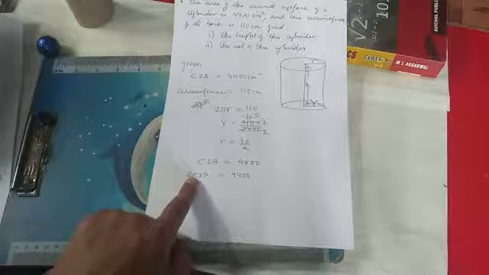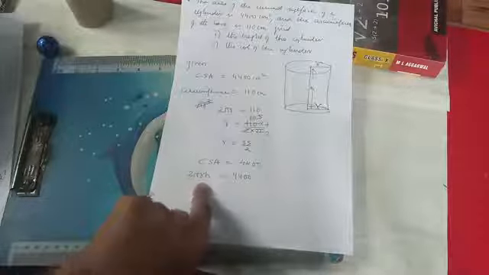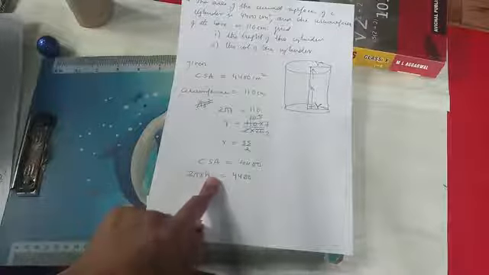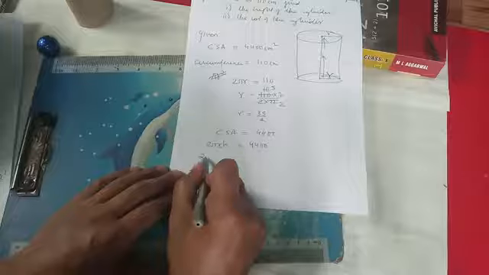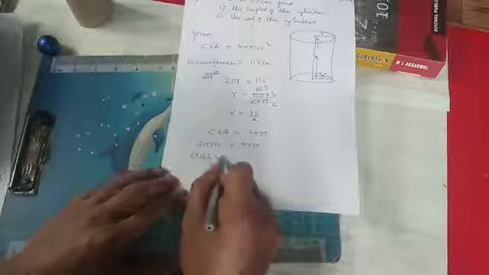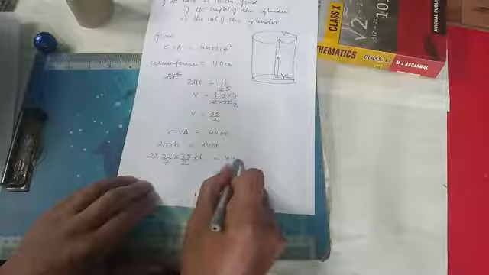So in place of 2 pi r, you can put 110 directly into height equals 4,400. So from there h can be calculated easily, but let us do it in a conventional method. Pi is 22 by 7, radius you got just now 35 by 2 into h equals 4,400.